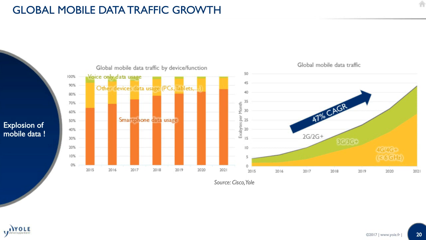Now, if we look at the various mobile generations used to generate this data traffic, of course we are talking about 4G plus, 5G, but let's not forget that a lot of this implementation is taking place. Last year, 2016, 3G and 3.5G was still the main mobile generation used to generate this mobile data traffic.